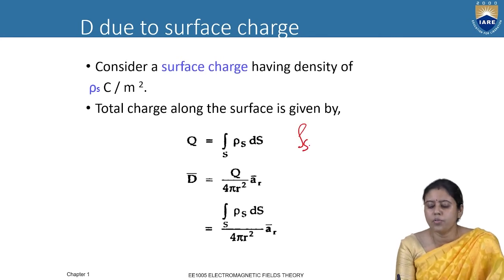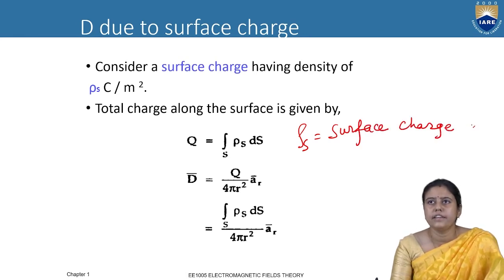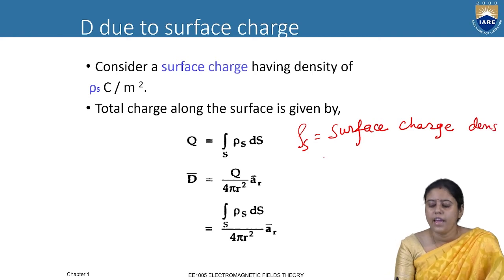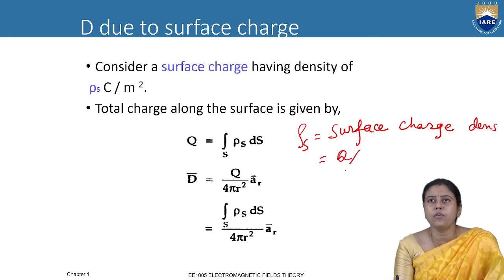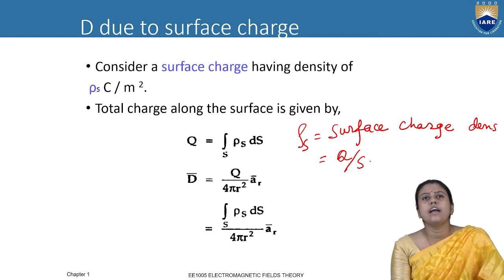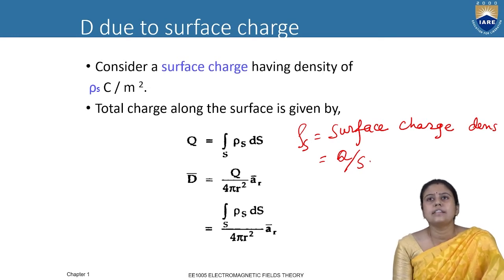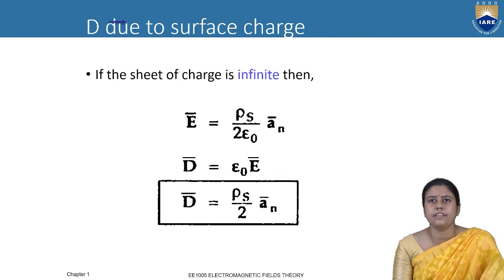Rho S is the surface charge density, which is again Q by surface area. The surface area of a sphere is 4 pi r square, so we can write rho S ds by 4 pi r square AR, where AR is the direction of D along the radius.